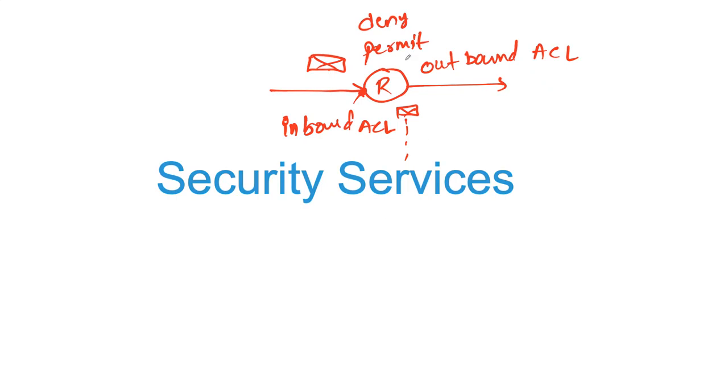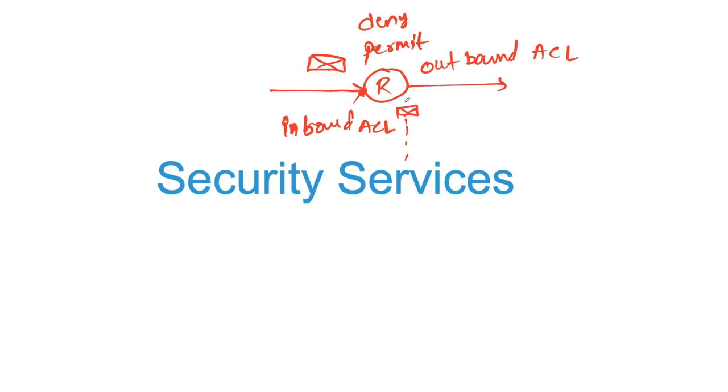An outbound ACL filters packets after being routed, regardless of the inbound interface; the incoming packets are routed to the outbound interface and then processed through the outbound access control list.